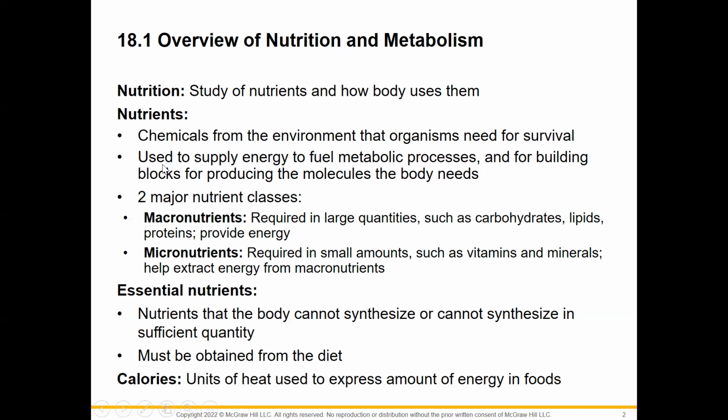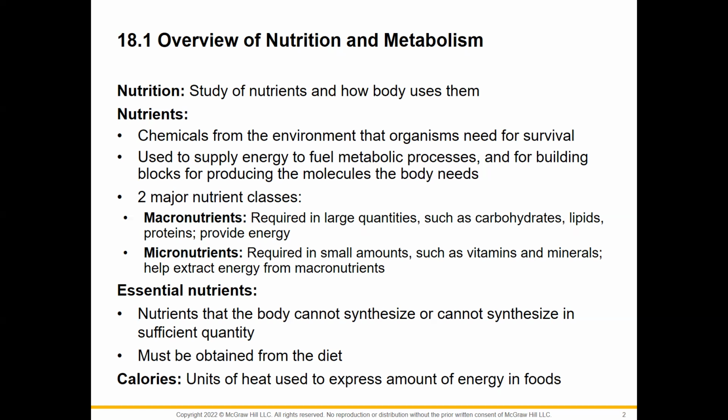These nutrients are used to supply energy to fuel your metabolic processes. They're used as building blocks for producing the different molecules that make up your body cells and your tissues.